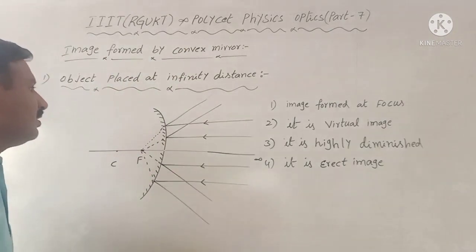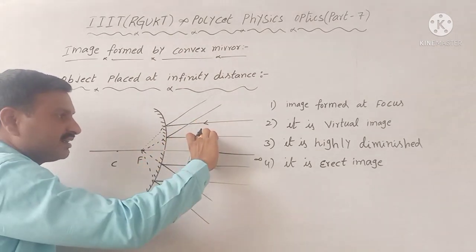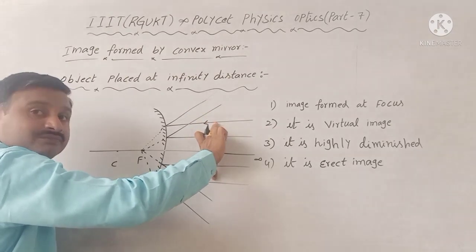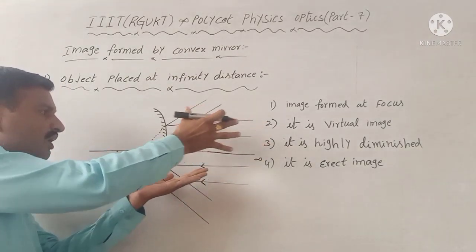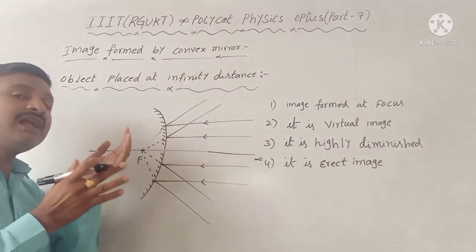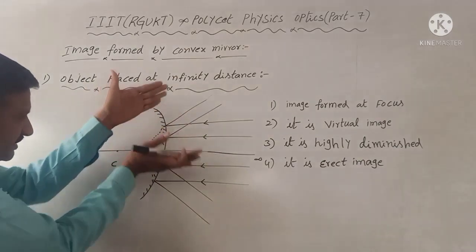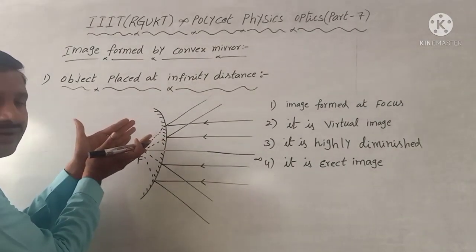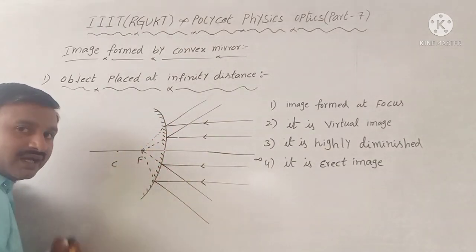How many light rays do we have here? Four light rays. These 2 light rays are called paraxial rays, and these 2 light rays are called marginal rays. These 4 light rays pass parallel to the principal axis. After reflection, all the light rays are divergent, but the extended light rays meet at the focus.